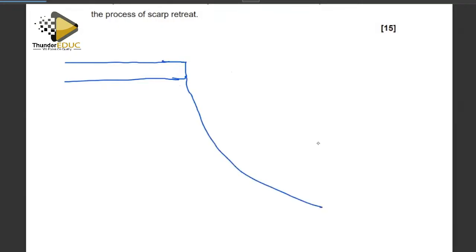Like what I've been mentioning there, I'll make an illustration. Scarp retreat happens like this. We have a wider landform with a rock cap and it goes down. With the scarp retreat, the cap rock is going to be weathered and eroded. Let's say it has been weathered until this point.